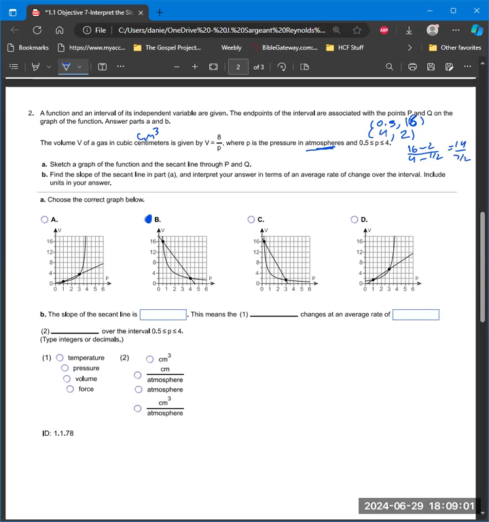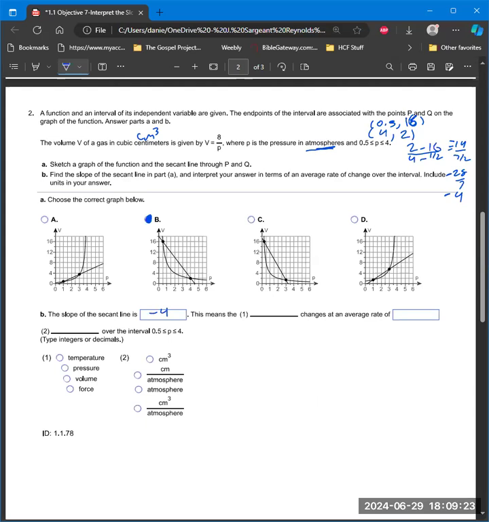So this is 28 over 7, which is 4. And this was the other way around. 2 minus 16 is negative, so it's decreasing. The slope is -4.